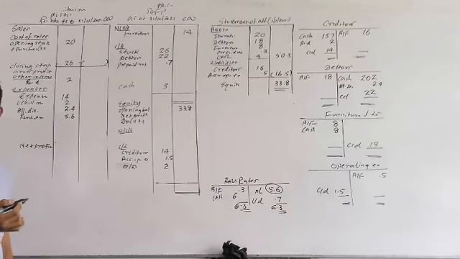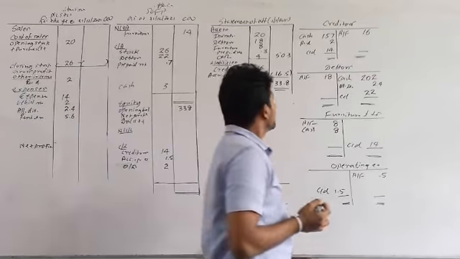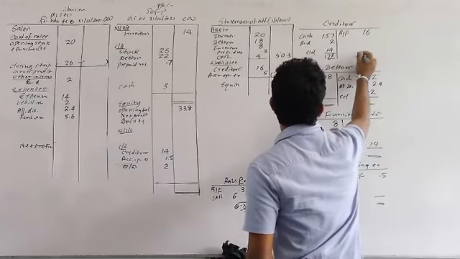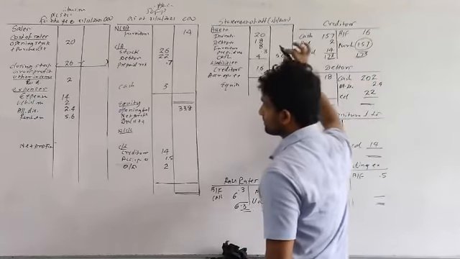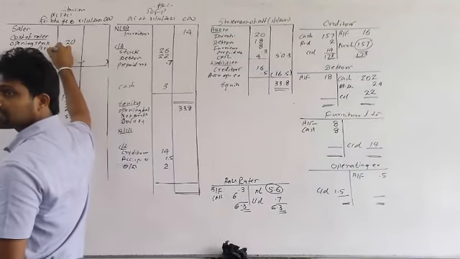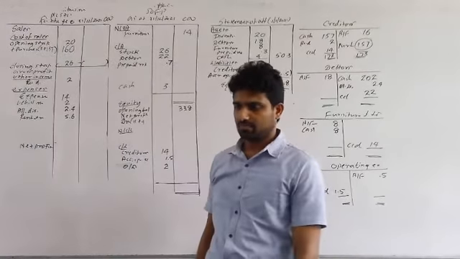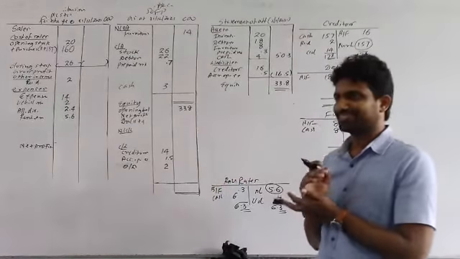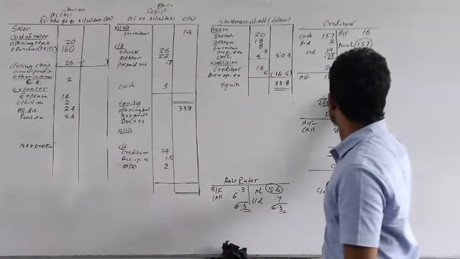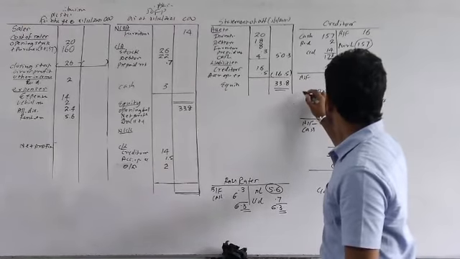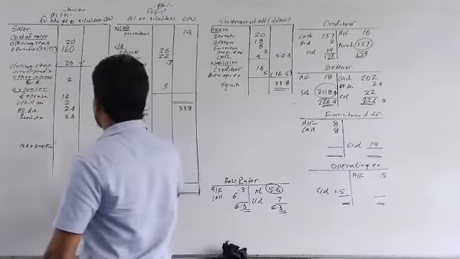This is correct, rates and rent 5.6. Purchases: take that 157 here, plus cash purchases, equal to 160. Sales 208.8, 208.4.